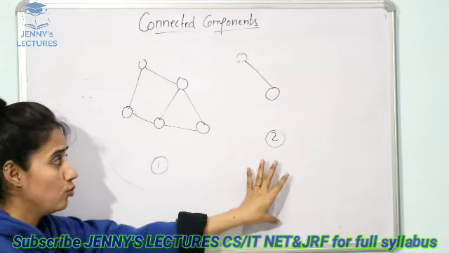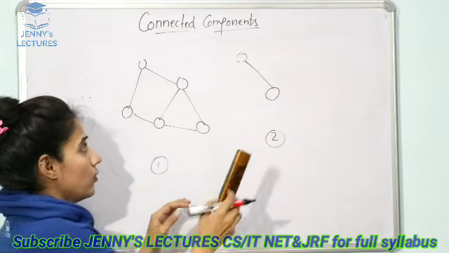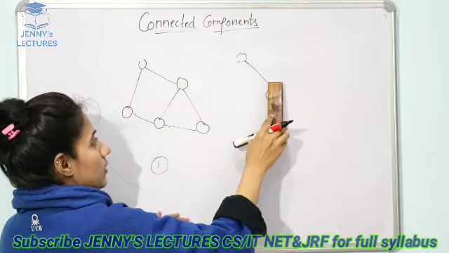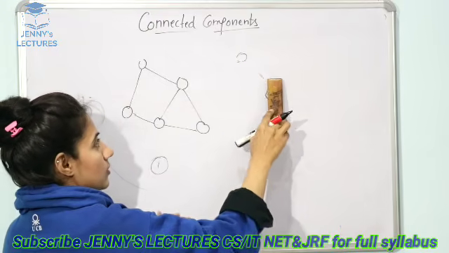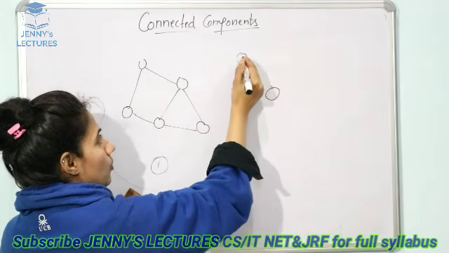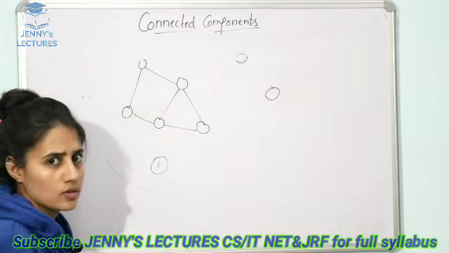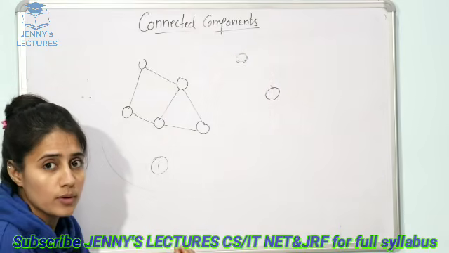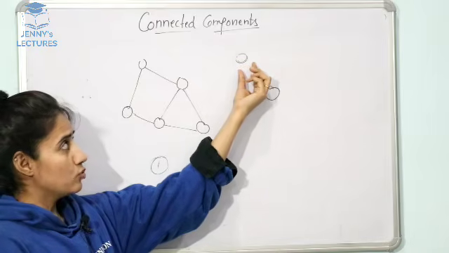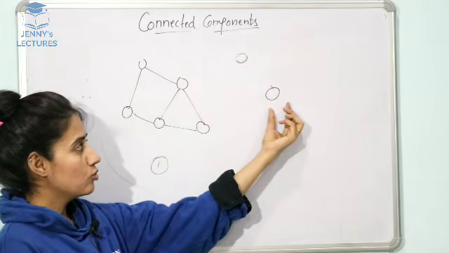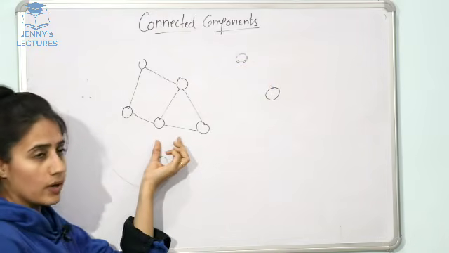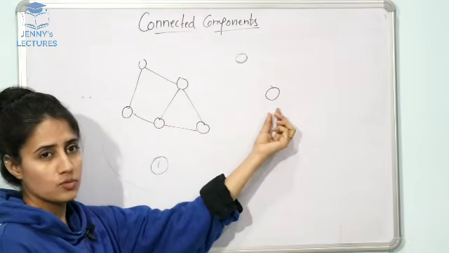So in this graph we have 2 connected components. Now let us suppose I delete this edge. Now how many connected components are there in this graph? We have 3 connected components. This is one connected component, this is another, and this is another. 1, 2 and 3.